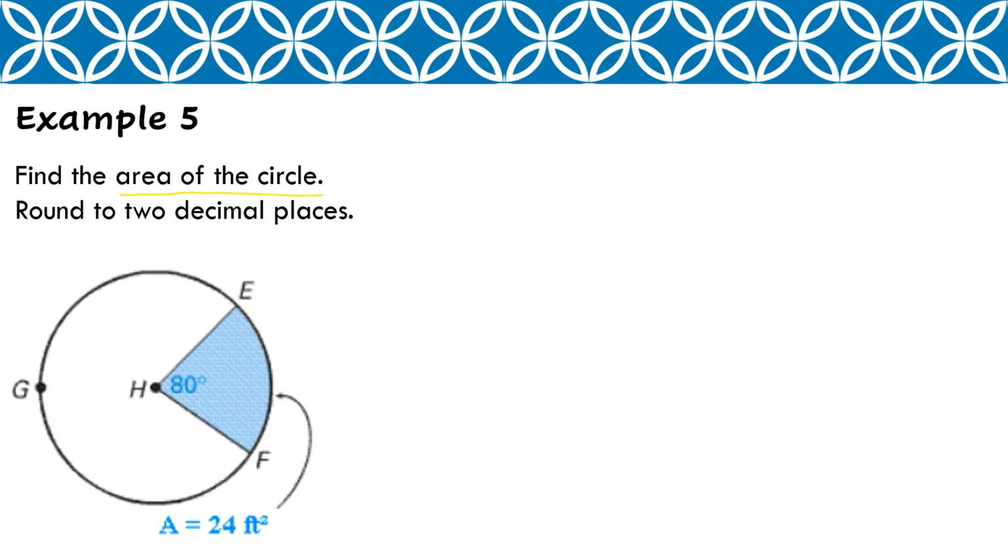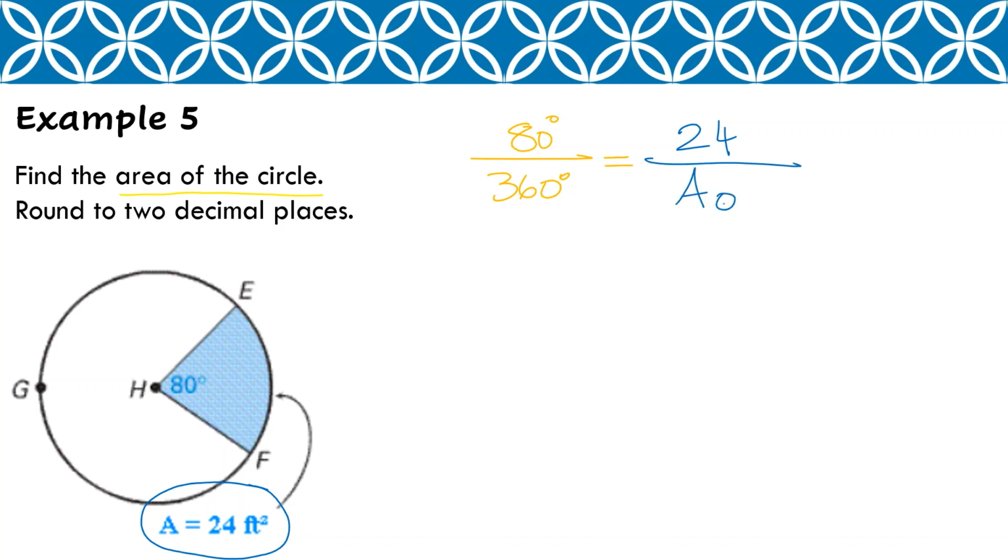I can see the fractional part of the circle is 80 degrees out of 360. That would be equal to the area of the sector, which has been given, out of the area of the entire circle.